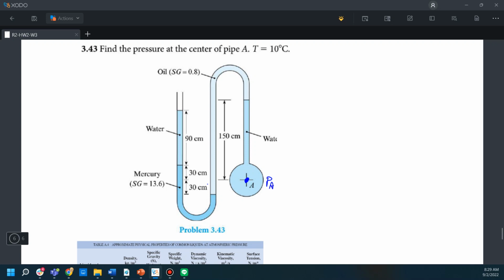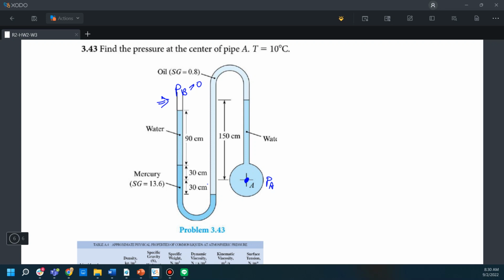And we have another open tube at the left-hand side of the tube here, and we denote this as PB, and PB is equal to 0 because it's open to the open air, right?